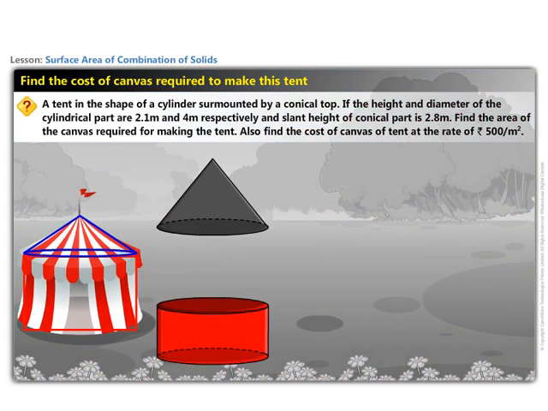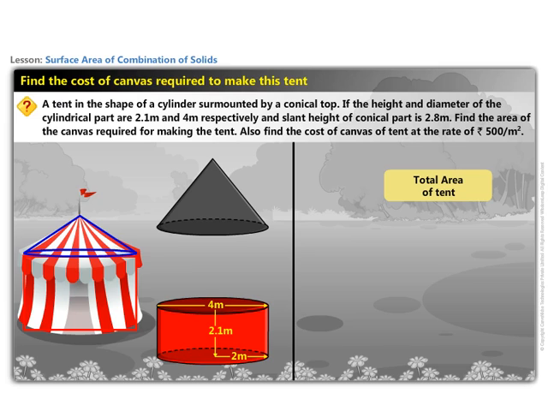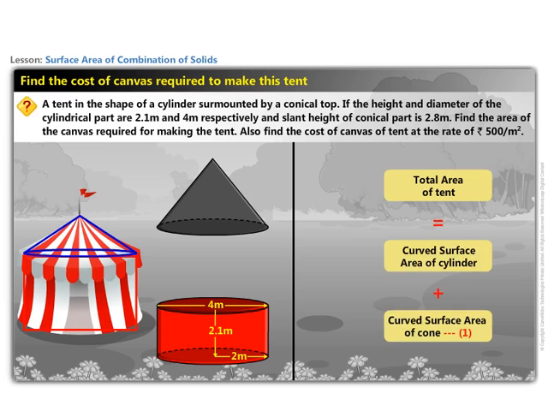Here, it is given that the cylinder is of diameter 4 meters, so the radius is equal to 2 meters, and the height of the cylinder is 2.1 meters. A tent is a combination of a cylinder and a cone. So the total area of the tent is equal to the sum of the curved surface areas of the cylinder and the cone. Let us consider this as equation 1.